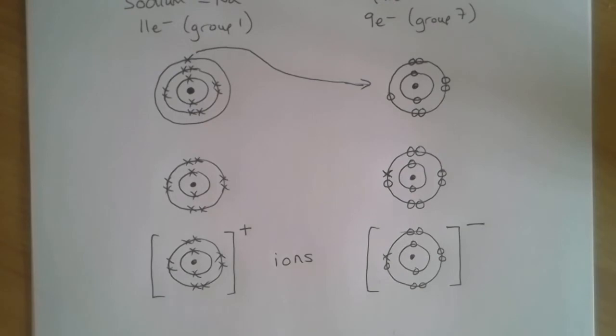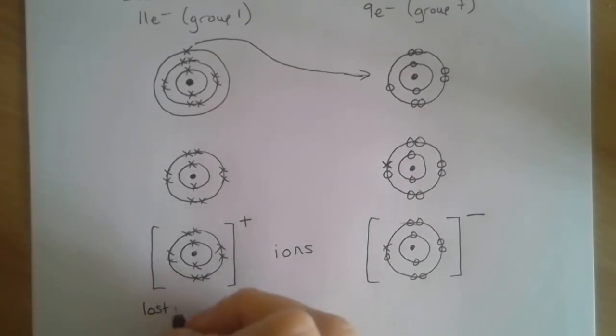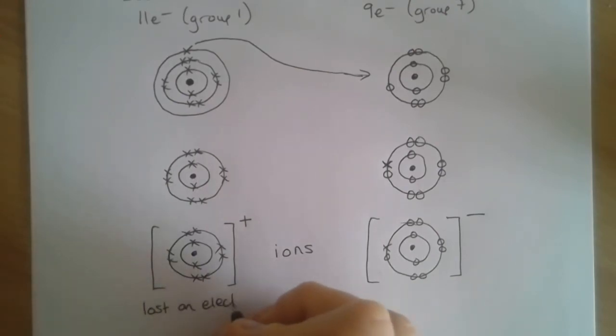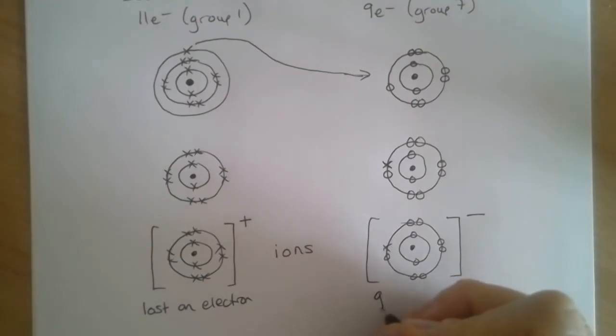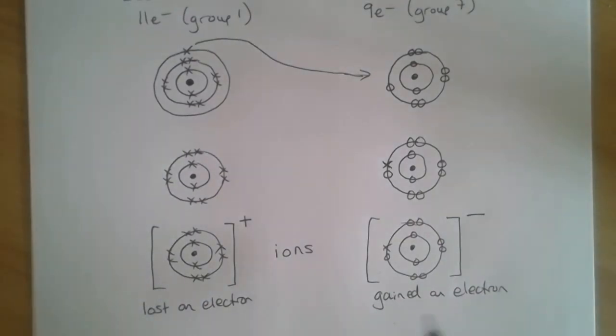Now that sometimes seems a little bit strange in the fact that the ion that was formed from an atom that lost an electron has a positive charge, and the one that has gained an electron has a negative charge. The reason being is because our electron has a negative charge. So in going from here to here, a negative charge was lost.